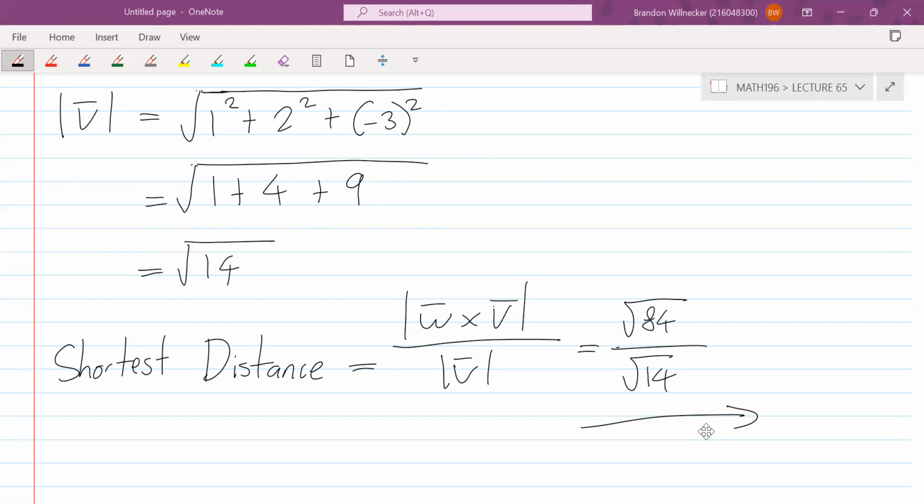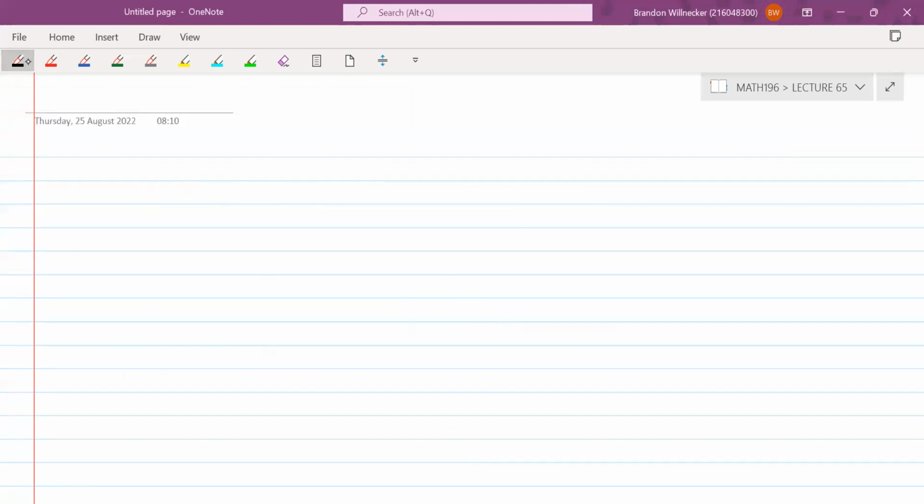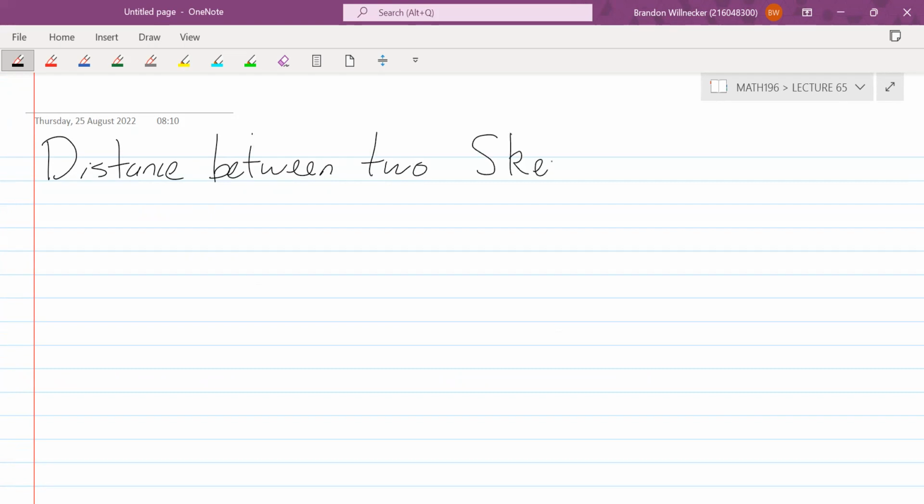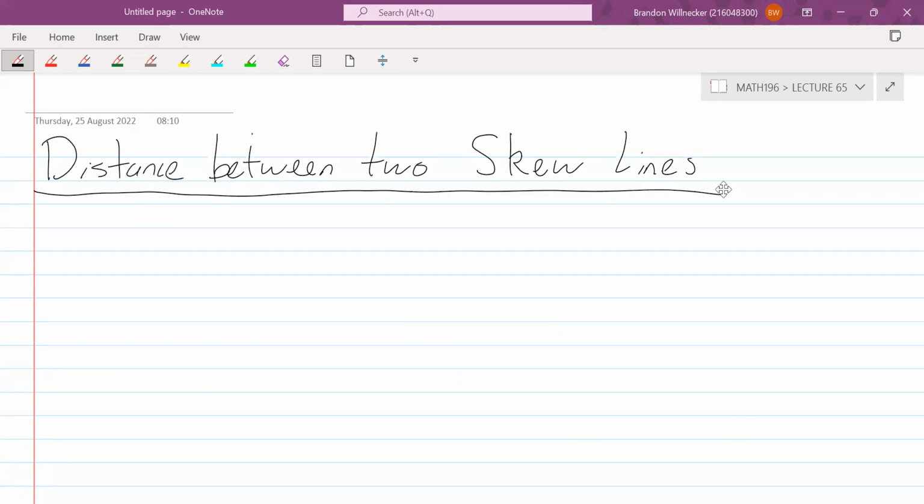So the interesting case is when we are dealing with two skew lines. Distance between two skew lines. Okay, so the other cases are pretty boring. So remember what skew lines are.